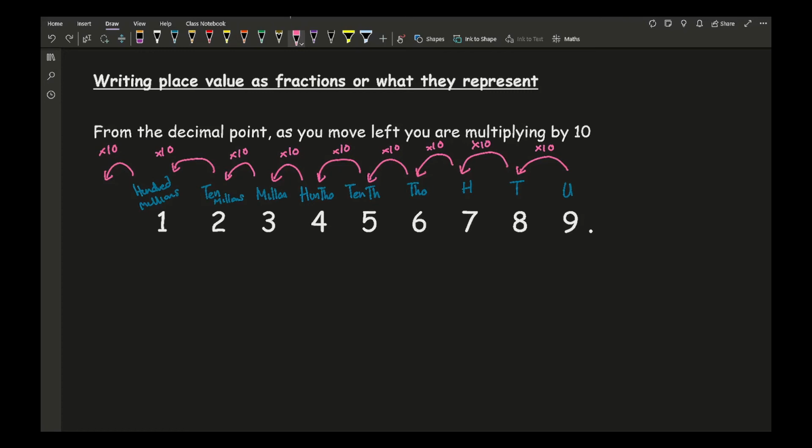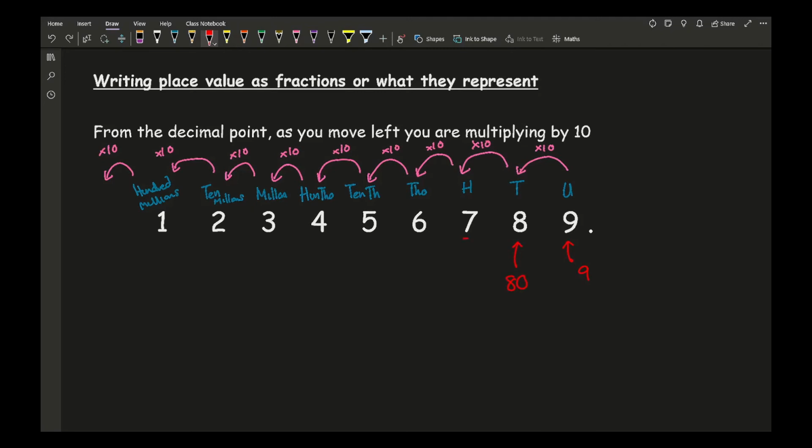So from the decimal point, it's important that you're able to establish these. Now, one question that tends to be more popular in exams is to write down the value of a number that is being highlighted. Whether it be a bold number or an underlined number, that's entirely up to you. So for example, this number here just represents 9. This 8 represents 8 tens, so it can be written as 80.